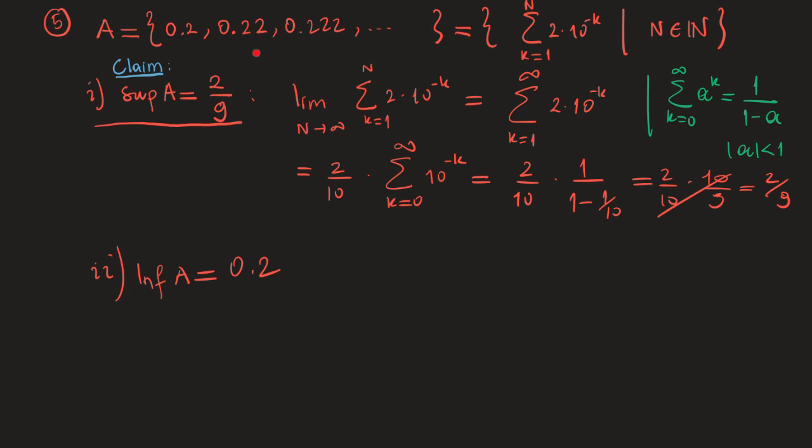So the least number is the starting point, which is 0.2. But you can prove it by using the epsilon definition of the infimum. Exercise: prove using the epsilon definition.